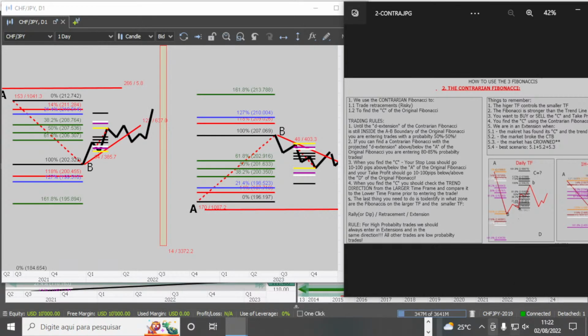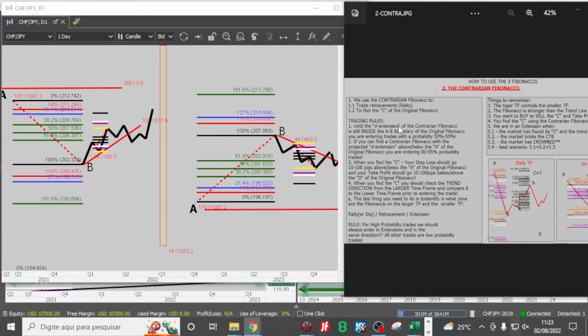Trading rules, one more time. Okay. So somebody's typing, oh, I get it. Thank you very much. Okay, so I cannot move my mouse in here, but number one, until the de-extension of the Contrarian Fibonacci is still inside the AB boundary, capital A, capital B, of the original Fibonacci, you are entering trades with the probability 50-50, 50%.